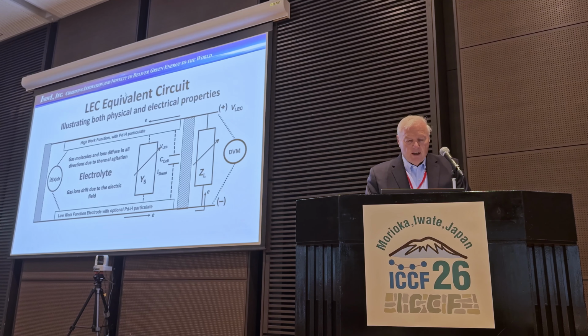We have the high work function electrode and the low work function electrode. We connect the two of them through an external load. And in this case, we have a resistance box that we can adjust, and a DVM out there. It doesn't take a lot of expensive electronics to do this. And when you connect them, the Fermi levels equilibrate. From this point on, it's all involved in the electrolyte.